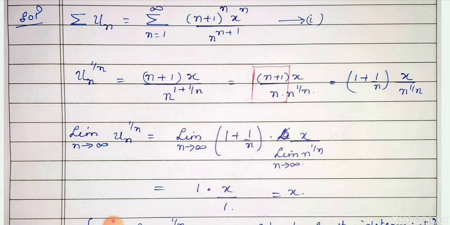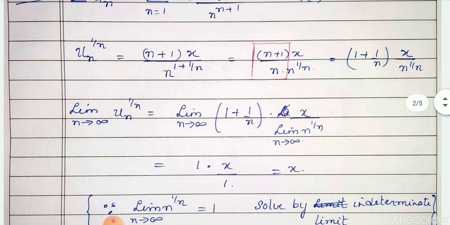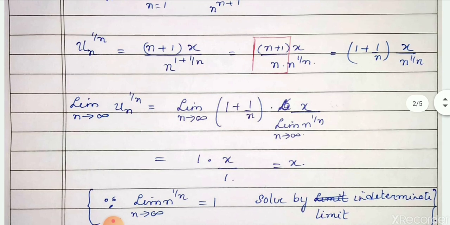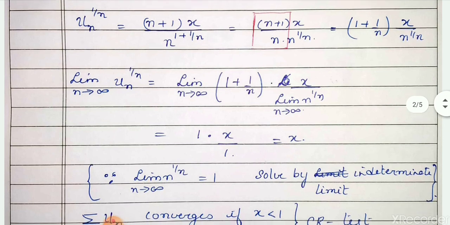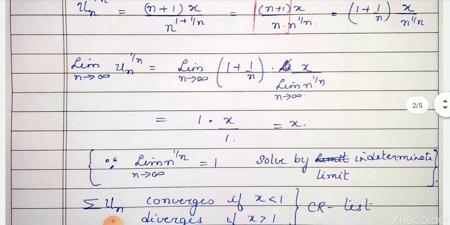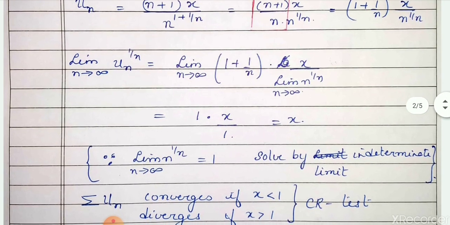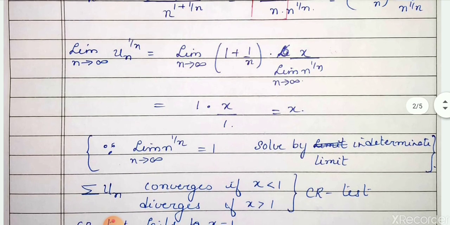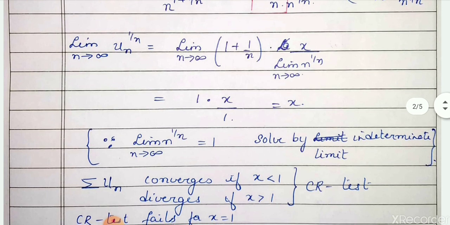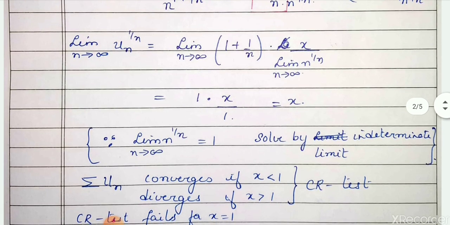We have x in the numerator. Denominator, limit as n tends to infinity of n raised to 1 by n will be 1. This you can try by the indeterminate form of evaluating limits. So n raised to 1 by n will be the indeterminate form, infinity raised to 0. So you can just work out separately and check.